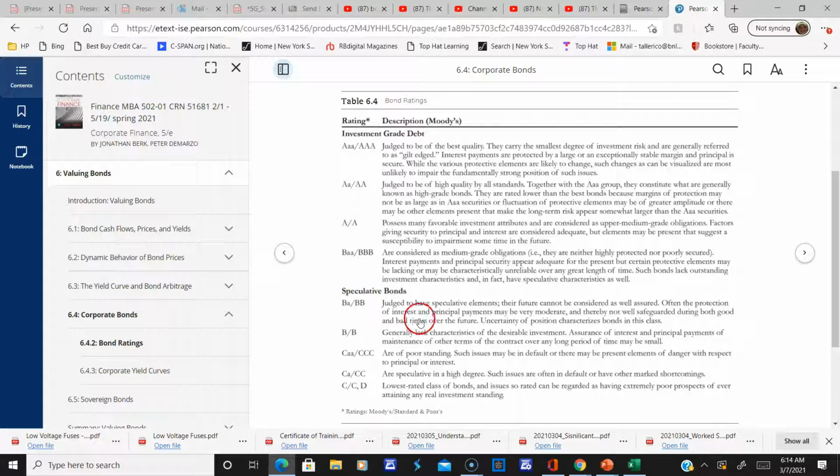These are called junk bonds, and there's some speculative elements here, and it gets worse and worse as you go down. So lowest rated class of bonds and issues. So rated can be regarded as having extremely poor prospects of ever attaining any real investment standing. So these are the way they're rated, right?